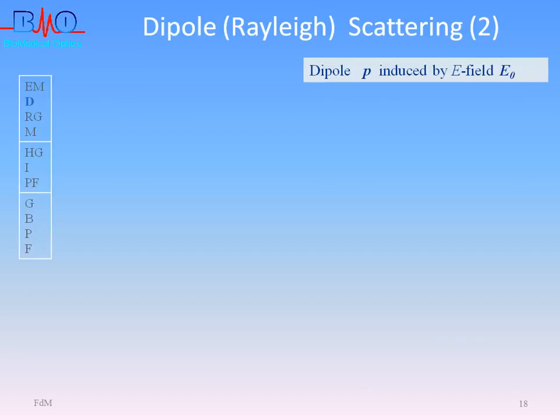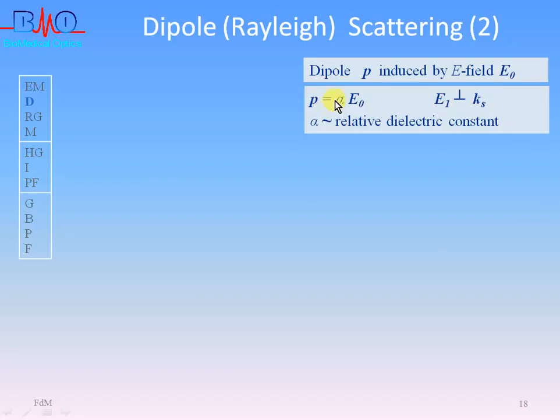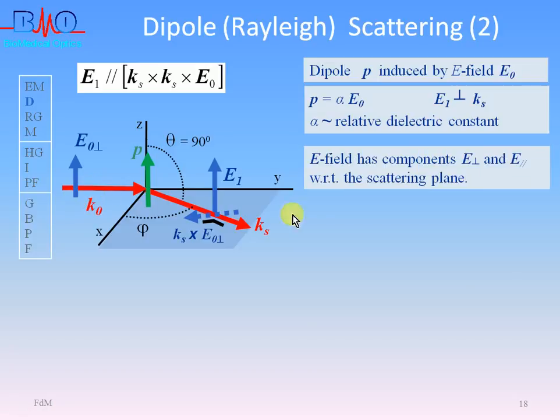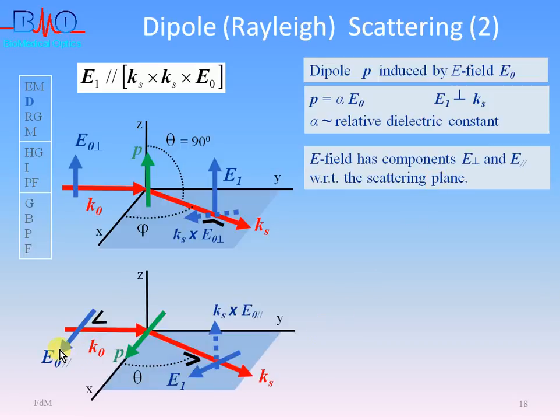Dipole scattering works with a dipole that is induced by the electric field, and that dipole moment, P, can be written as a proportionality constant times the electric field, and that proportionality constant will be seen to be related to the relative dielectric constant of the particle in its medium. We know that E1 is parallel to ks times E0, as is seen here for one polarization region, and the E field has components in two polarization regions, and here is the second one, parallel.